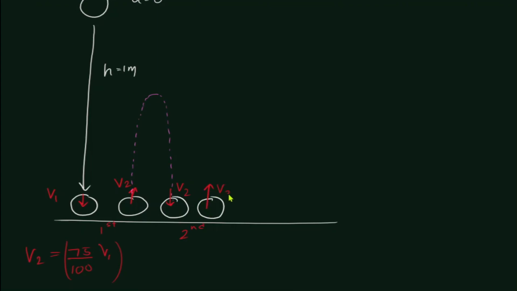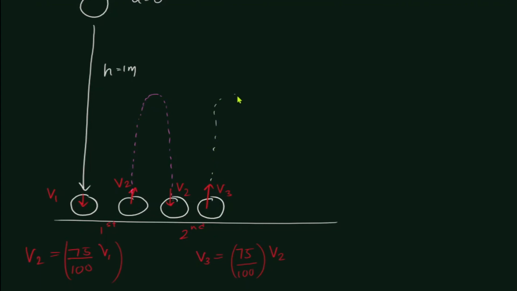Now it's not v2, it's v3. How much is v3? V3 is also 75% of v2, need to understand that, because in this bounce also 25% is going to be lost.